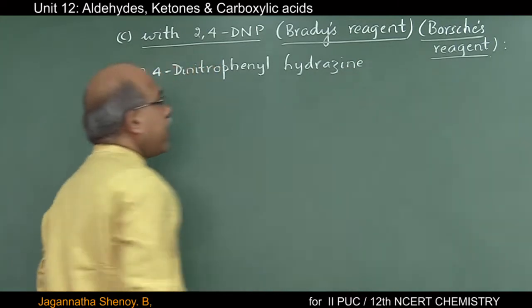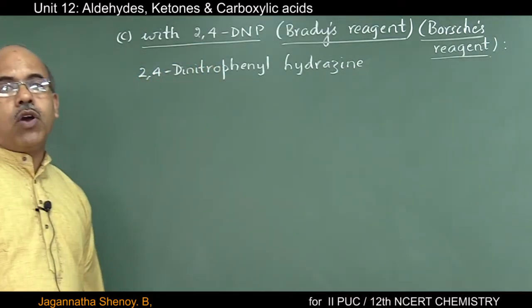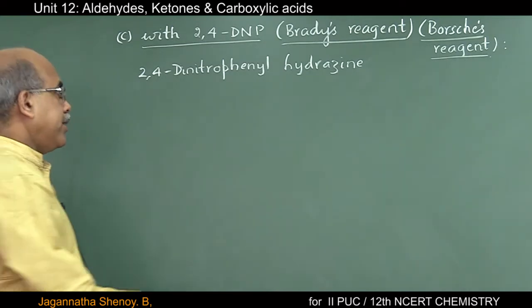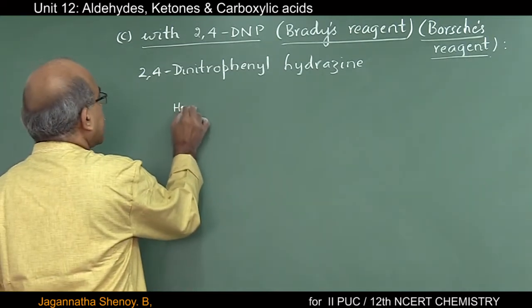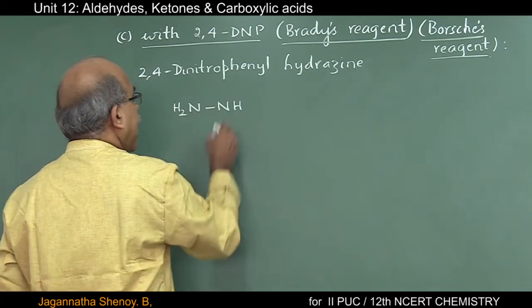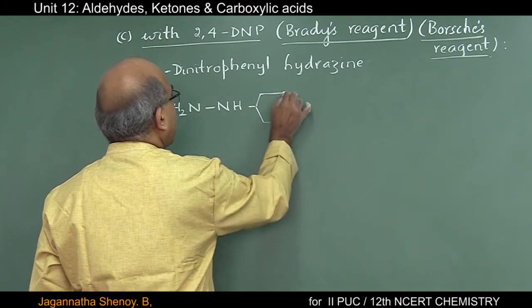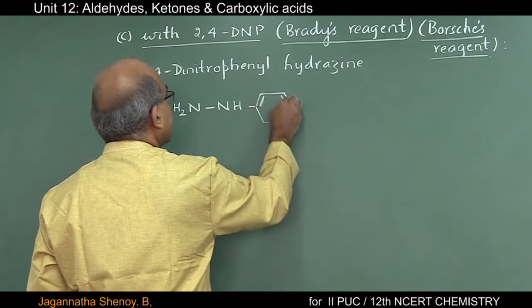Now, knowing the name, writing the structure is simpler. It's a derivative of phenylhydrazine. How do we write the structure of phenylhydrazine? NH2, NH. Then there will be a phenyl group attached to it.